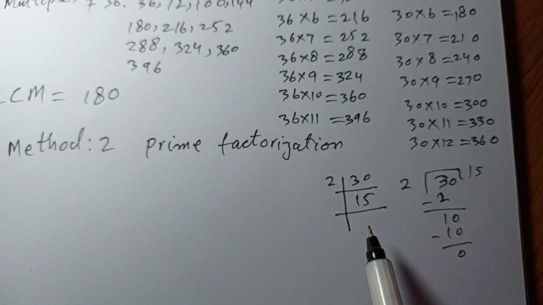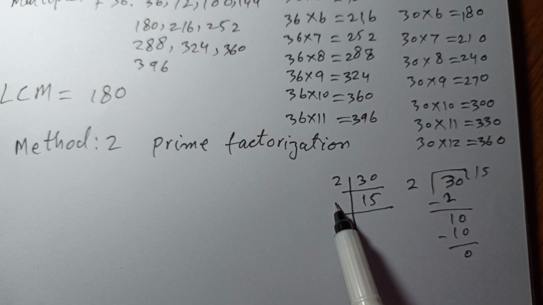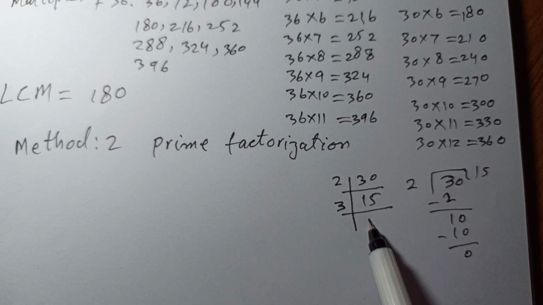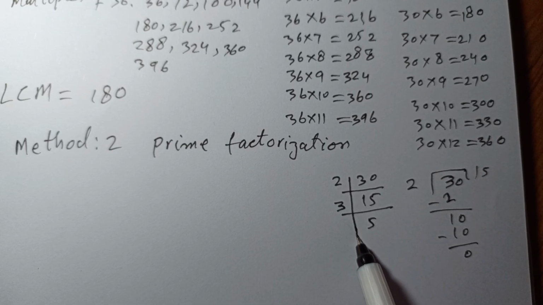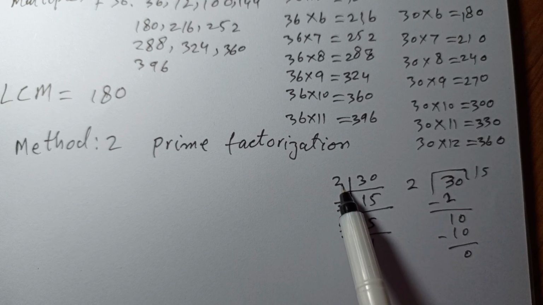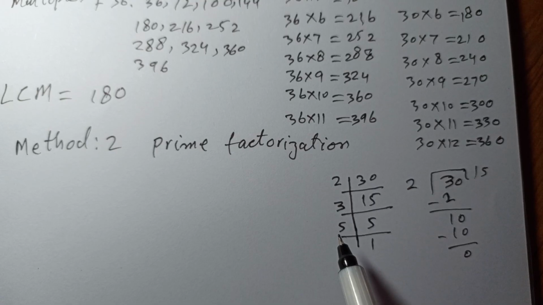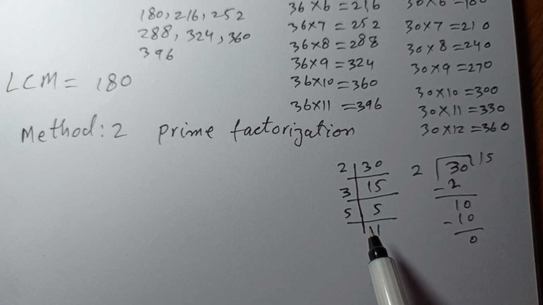It will be divided by another prime number, and the second prime number is 3. 15 can be divided by 3. 3 fives are 15, 5 here. Now 5 can be divided by prime number 5 only. 5 ones are 5. These are the prime factors of 30: 2, 3 and 5.